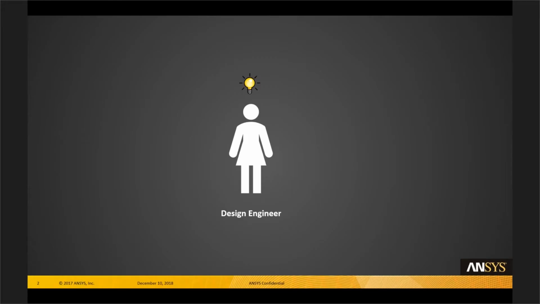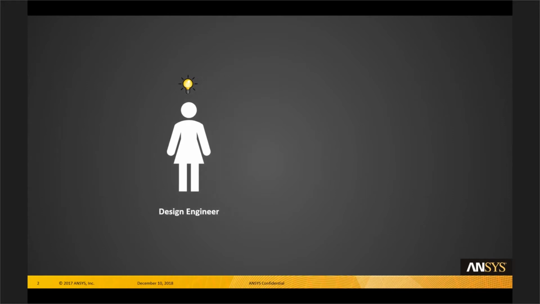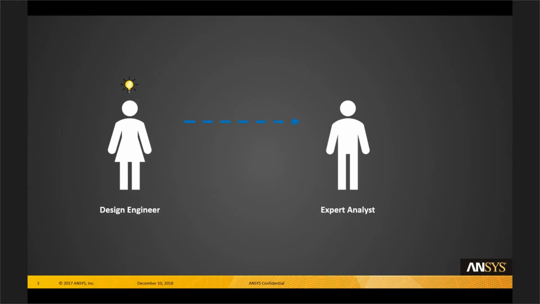OK, so let's consider a design engineer who has an idea. Today, the design engineer sends that idea over to an expert analyst or a consultant and waits for results to come back. And this loop for most medium to large size companies typically can take 1 to 3 days. Now, this design engineer, she has tons of ideas.